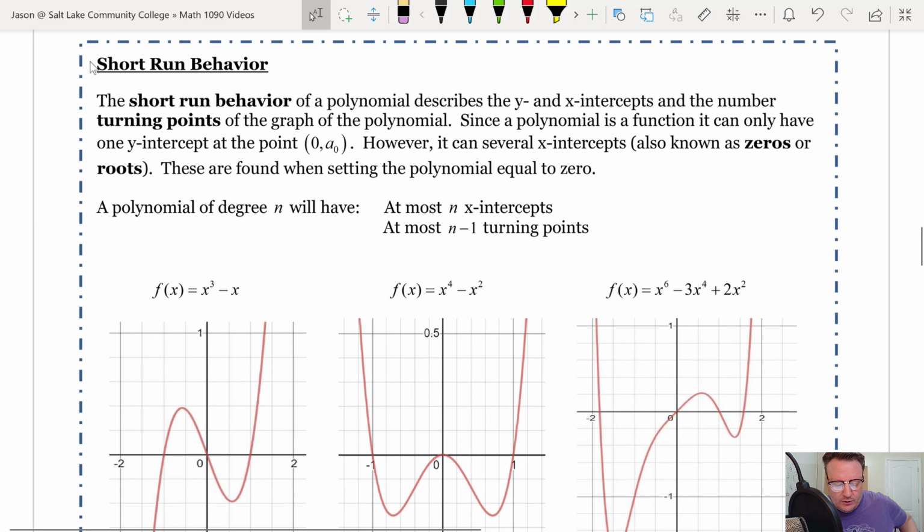Okay, let's talk about short-run behavior of polynomials. The short-run behavior of a polynomial describes the y and x intercepts. Or rather, I would say the x and y intercepts dictate the short-run behavior of a polynomial, perhaps is another way to say it.